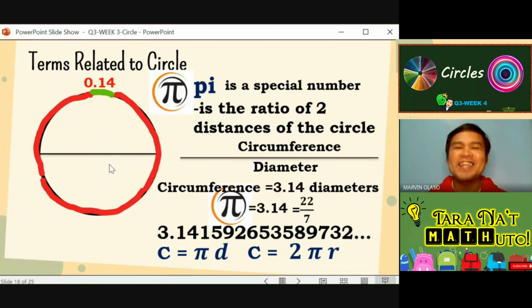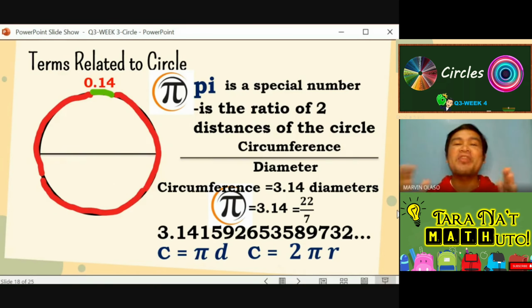Pero kanina nakita nyo na kapag ang value ng isang diameter is 1 unit, yan ay katumbas ng 3.14 units. Ayan ang kwento ni Pi.